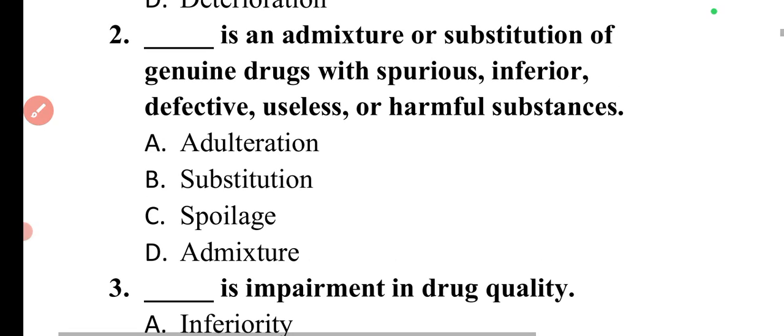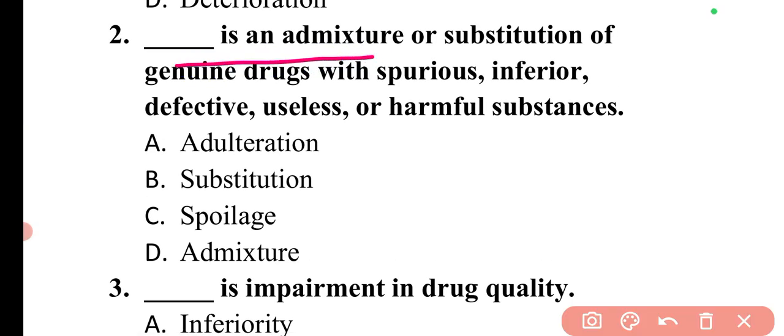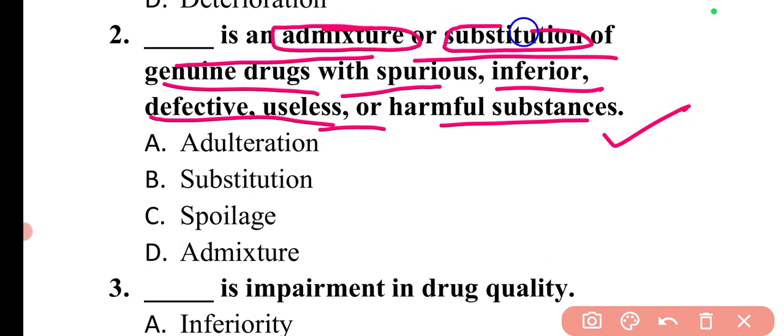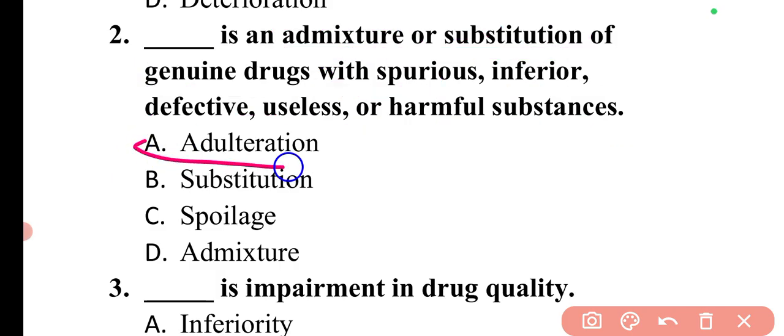Moving to the next question. The question is, dash is the admixture or substitution of genuine drugs with spurious, inferior, defective, useless, or harmful substances. It is almost similar, but it has no proper properties and can cause harmful effects, so it is also known as adulteration.